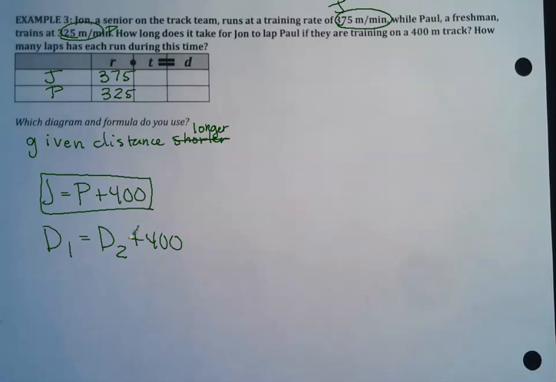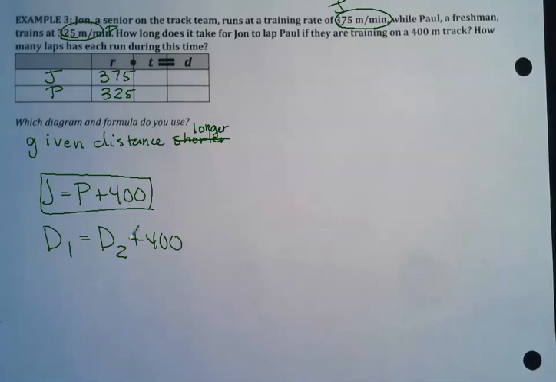We don't know the time that they ran. This is true. So we can use a variable for the time. What do you guys think about that?